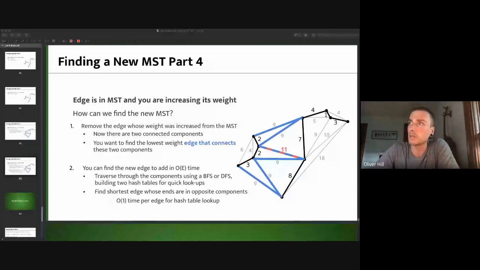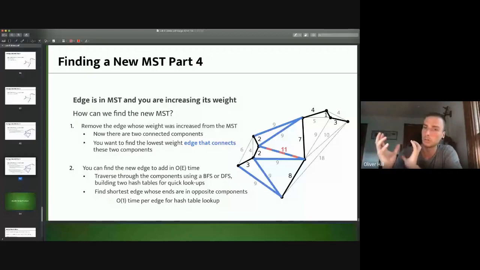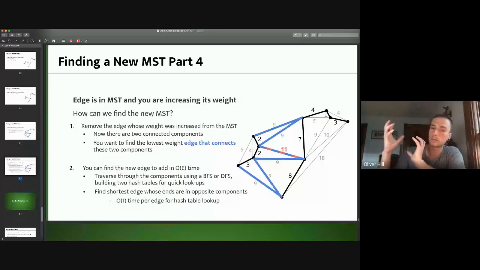Great, so let's talk about this last case really quickly. I'm assuming that you're wondering about how you find the new edge. Remember, we have two connected components that we want to connect in the cheapest way possible. We're going to find a new edge in O of E time by traversing through the components using a breadth first search or a depth first search. We can build two hash tables out of those components.